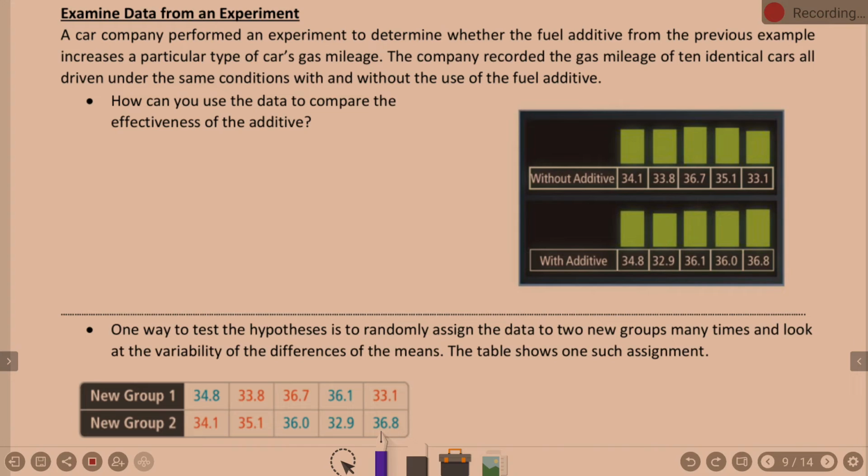So, 10 pieces of information. 5 of these cars were without additive, and there's their gas mileages. 5 of them were with additive, and then there's their gas mileages. How can we compare that information? What could we find?